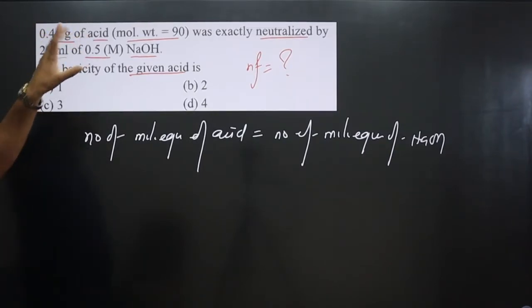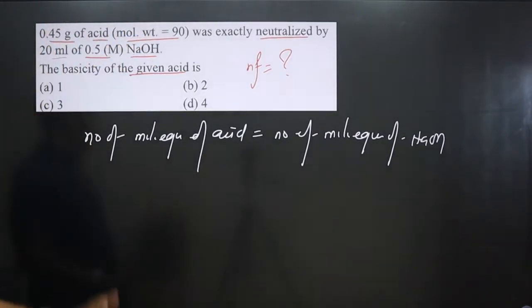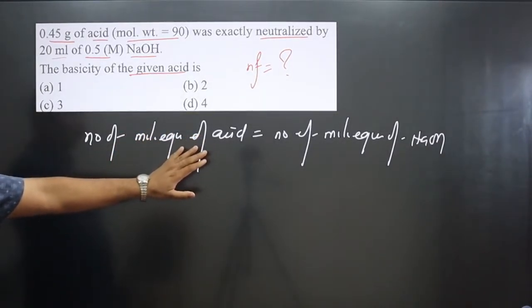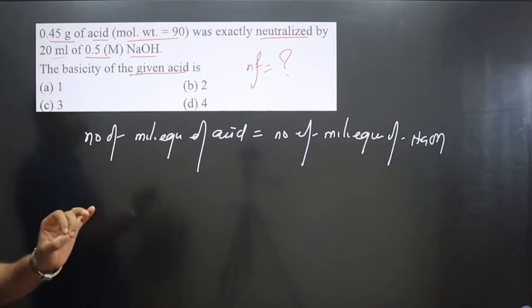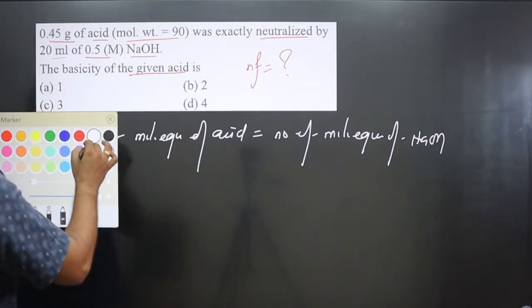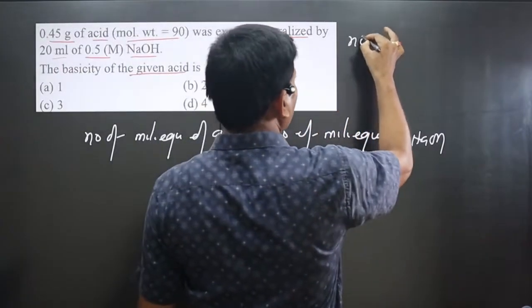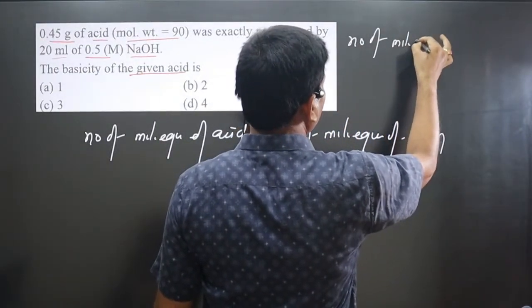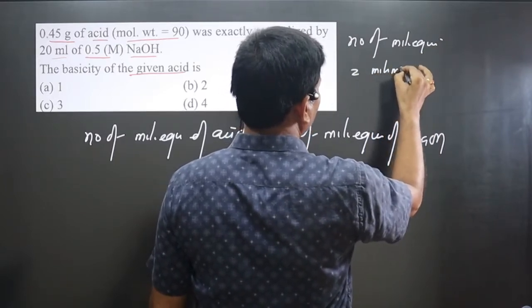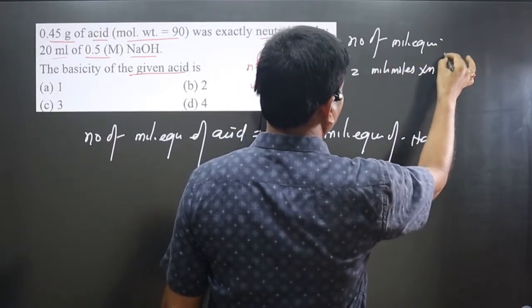From the mass we can calculate the moles, because the molar mass of the acid is given already. So when we apply the formula for the acid, I will use millimoles multiplied by n factor. Keep in mind, the formula for the number of milliequivalents is equal to millimoles, very interesting, multiplied by n factor.